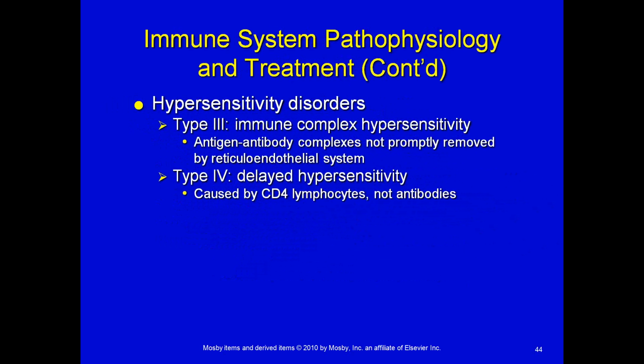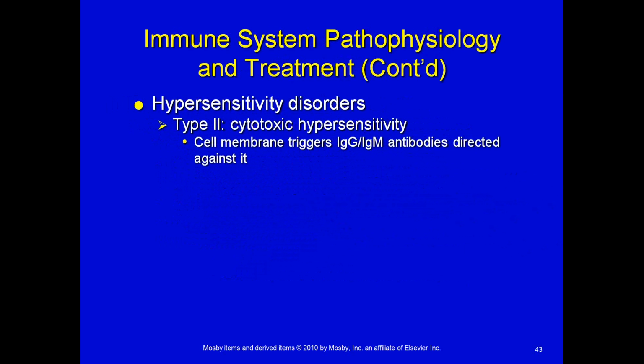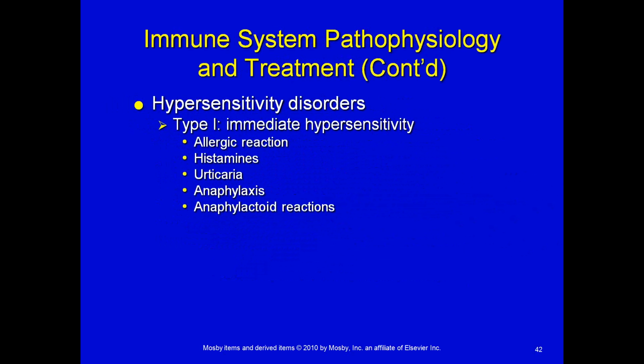That's where the antigen-antibody complexes are not promptly removed by the system that does remove the antigen-antibody complexes. And type 4 is delayed hypersensitivity, and that's caused by CD4 lymphocytes, not antibodies. So there's a variety of different hypersensitivity disorders, and I think we're most common with the type 1 or the immediate hypersensitivity disorder in the form of an allergic reaction or anaphylaxis.